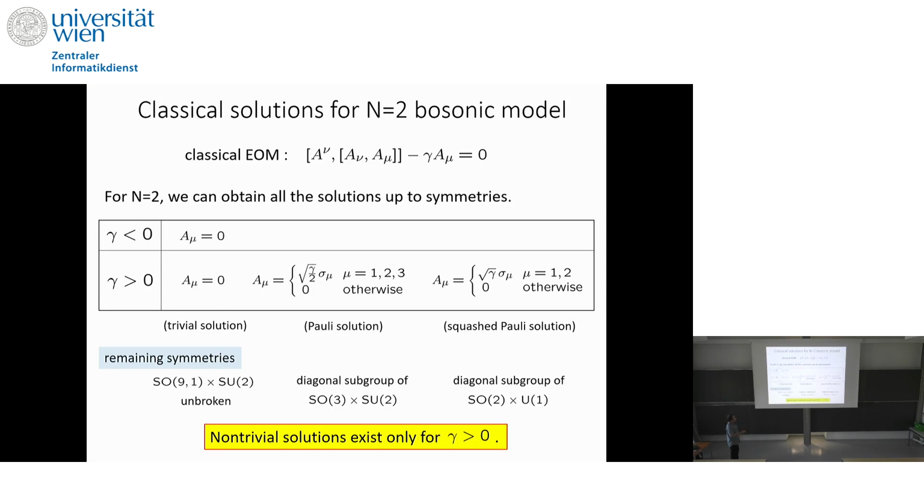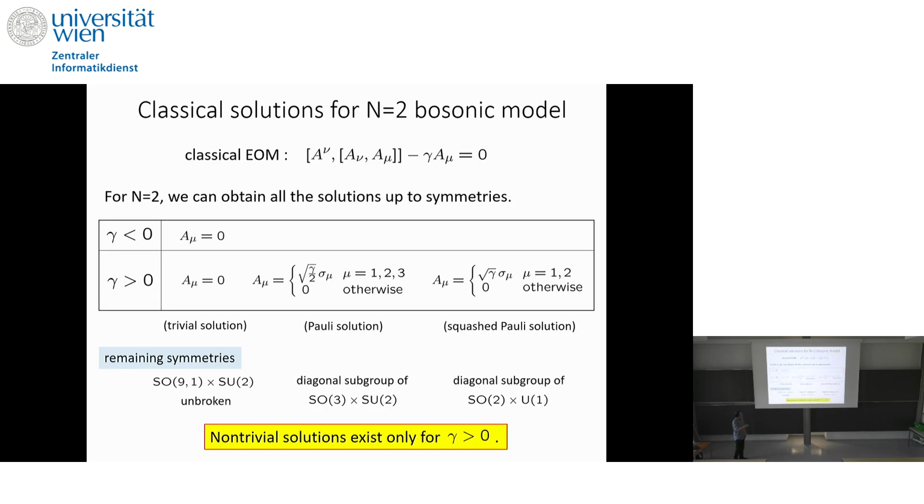And they are written in terms of Pauli matrices like this, and we call them the Pauli solution and the squashed Pauli solution for obvious reasons. And let me also talk about the remaining symmetry. The original model has SO(9,1) times SU(2), because we are working with 2 by 2 matrices. And for the trivial solution, this symmetry is not broken at all.